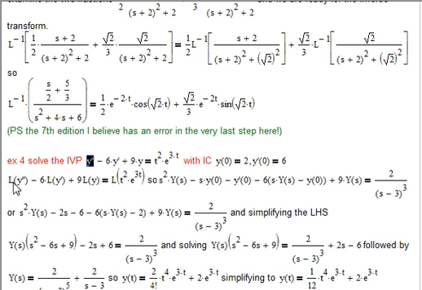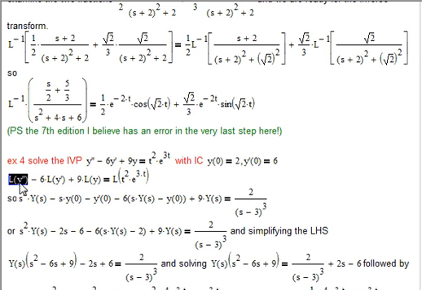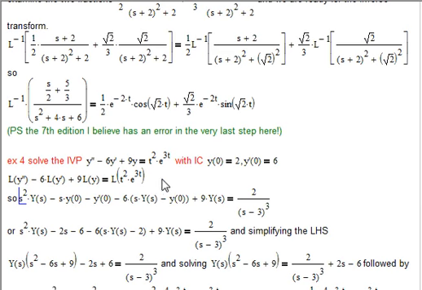So, in pieces, since it's linear, we want the transform of y double prime minus 6 times the transform of y prime plus 9 times the transform of y is equal to the transform of t squared times e to the 3t. You see the 3t will be a displacement. I hope.